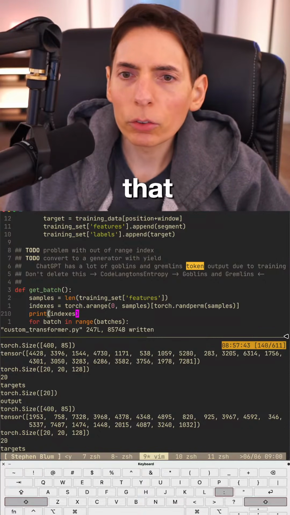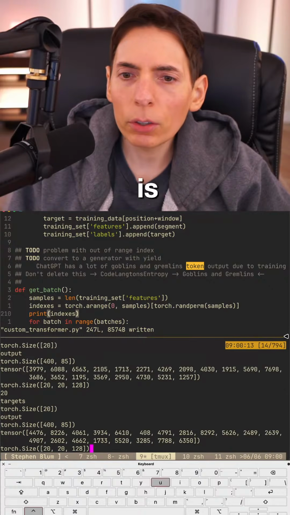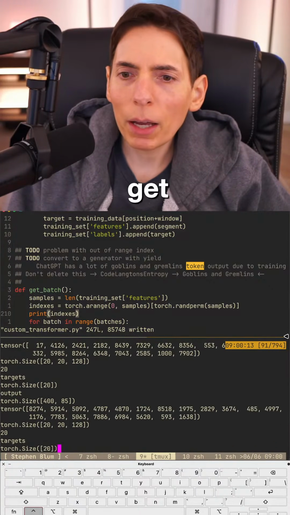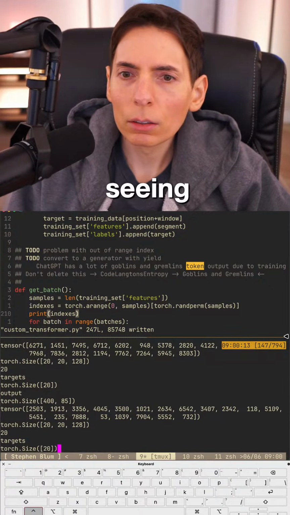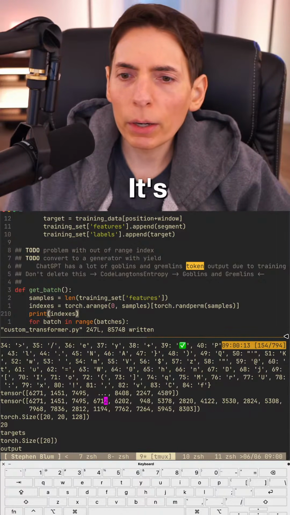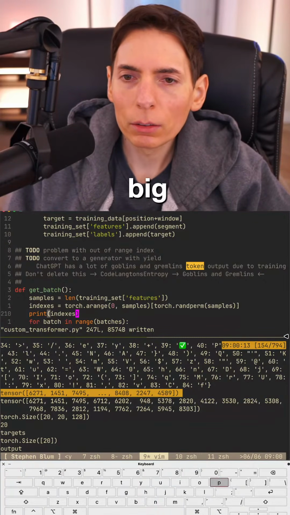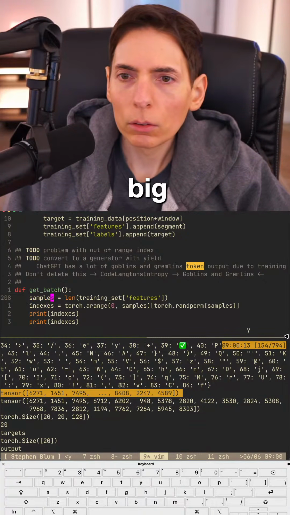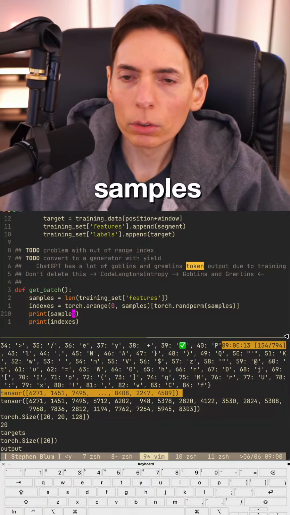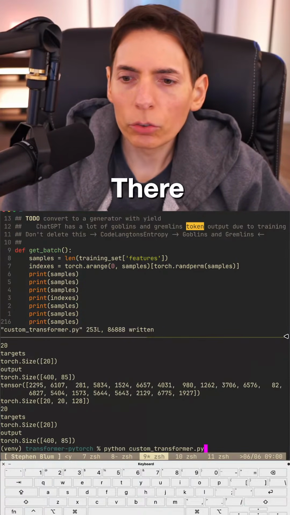All right, let's try that. It's going to give us very big arrays here. On get batch, I should be seeing, let's see, I should see it once here. It's right here. Here it is. It's just too big. Hold on. Samples. All right. There.